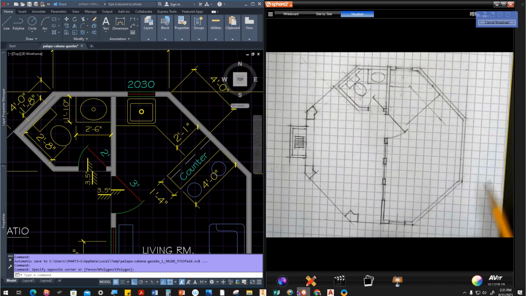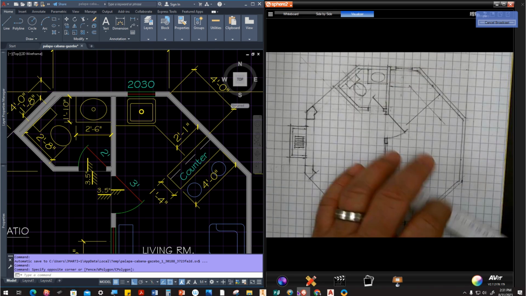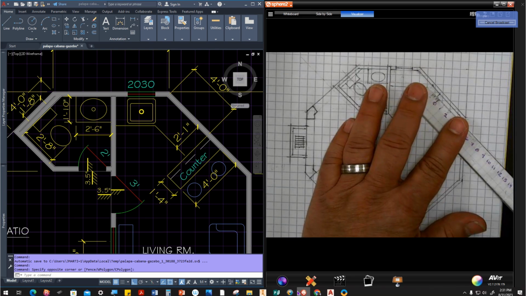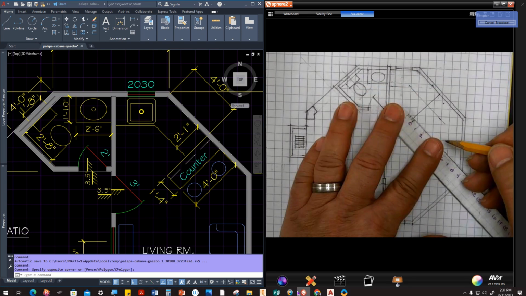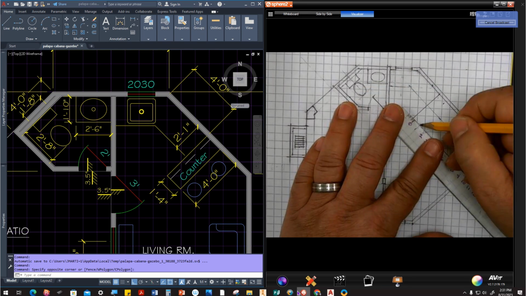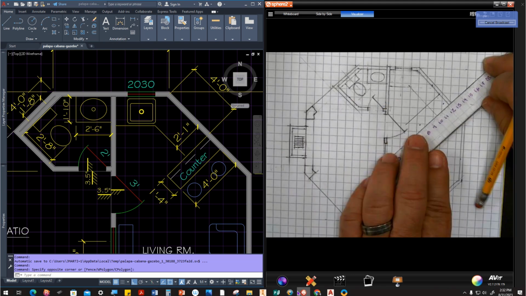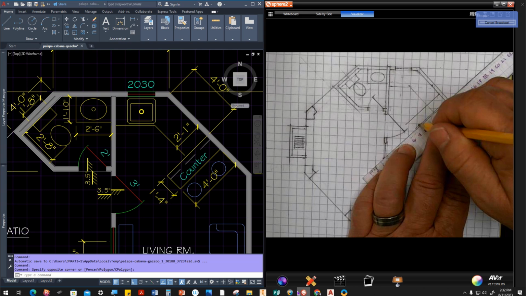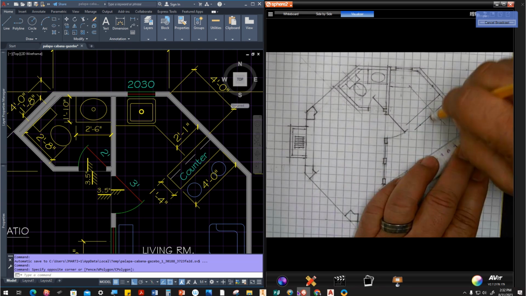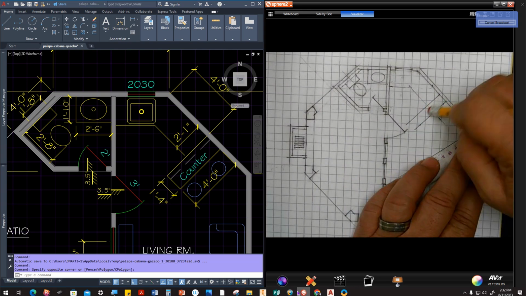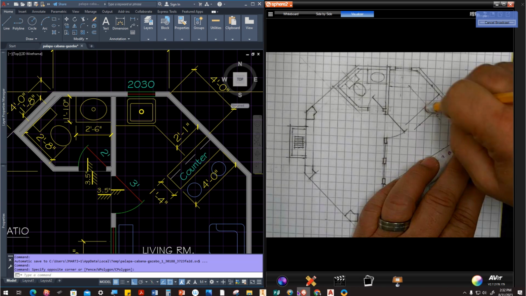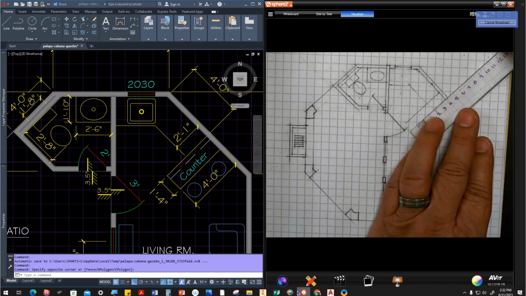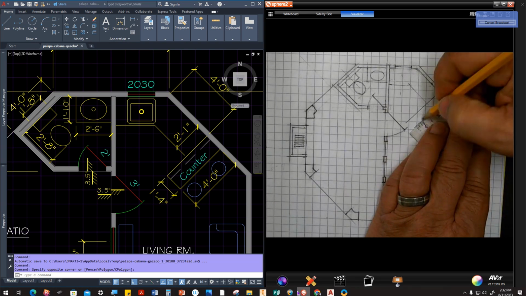Okay. And then offset 1'4", 1'4" here, 1'4" here, and draw that parallel line. And that shall be 4 feet in length. Can you draw it, please?